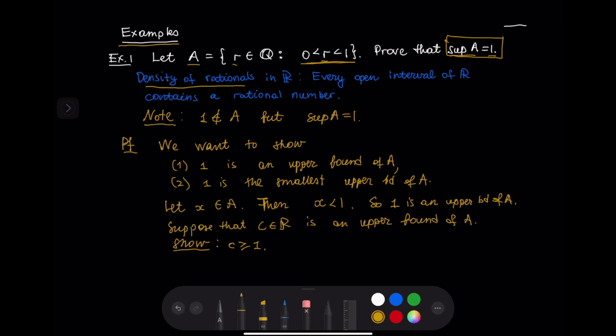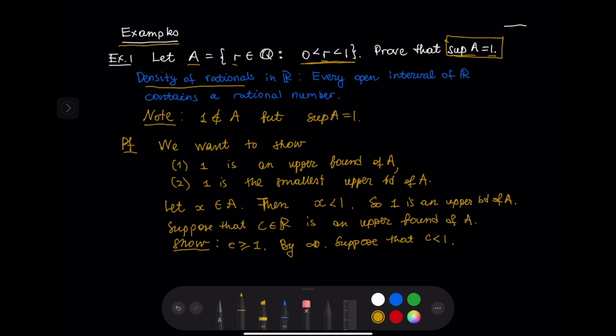We want to show that 1 is the smallest upper bound of A. So if we take any other upper bound of A, it should be greater than or equal to 1. So we're going to show this by contradiction. So suppose that c is less than 1.